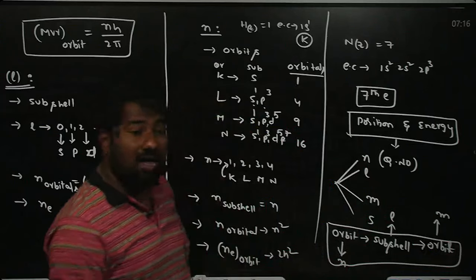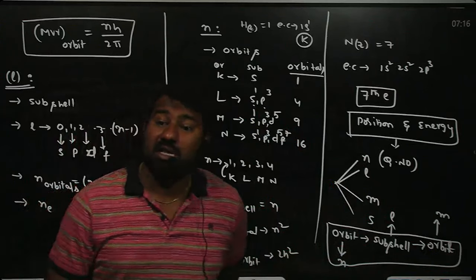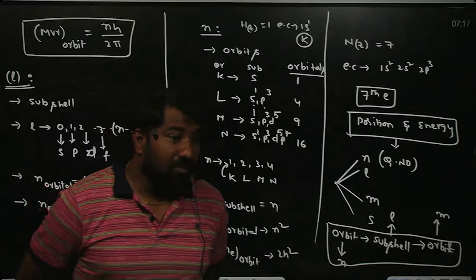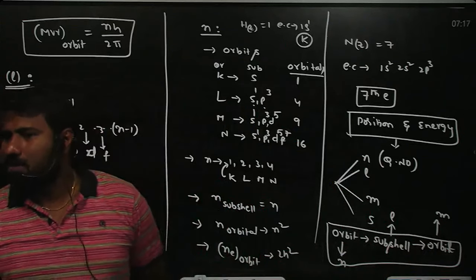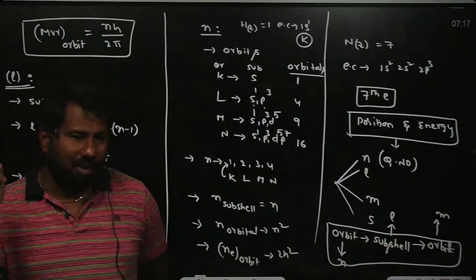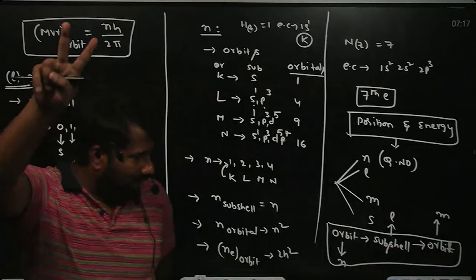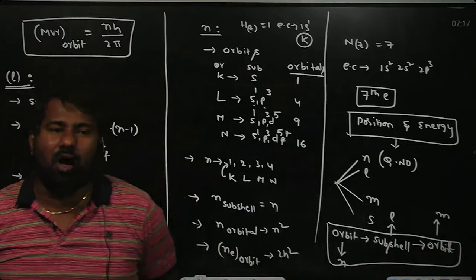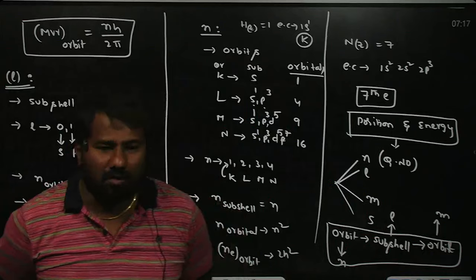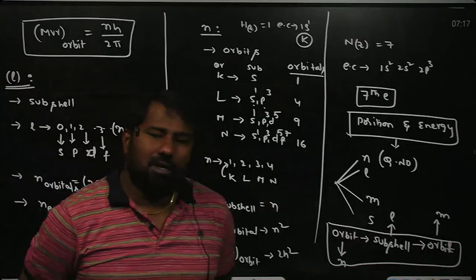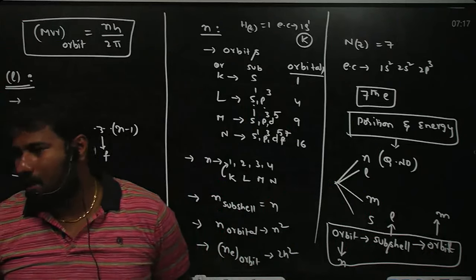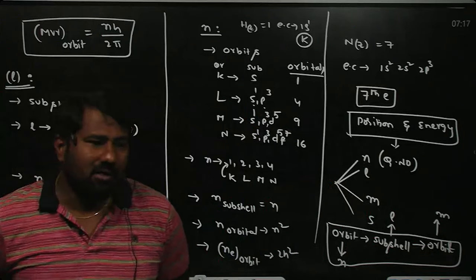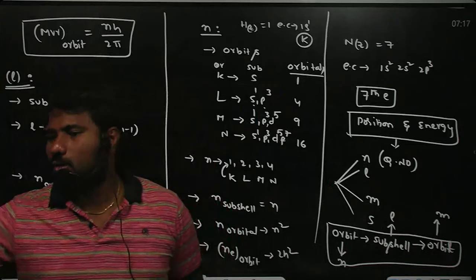If I ask the maximum number of electrons that can be accommodated in a p subshell, you can say 6, no problem. But for a p orbital, the maximum number of electrons that can be accommodated in any orbital, whether d, f or s, is only 2. If a subshell is mentioned, write the number of orbitals into 2.